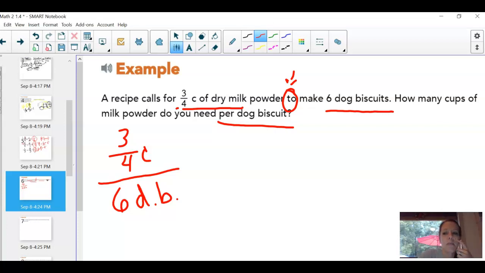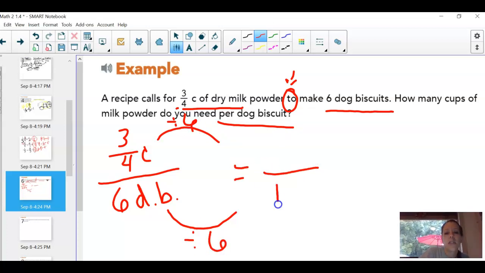Per dog biscuit means that dog biscuit is going to be my unit rate. So now I go like this, and I divide by 6. Well, you're probably thinking right now, oh, that's easy. That's 1 dog biscuit. Oh, look, 3/4 divided by 6. That's going to be pretty simple.